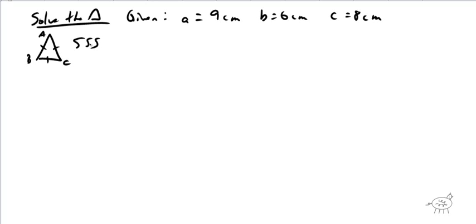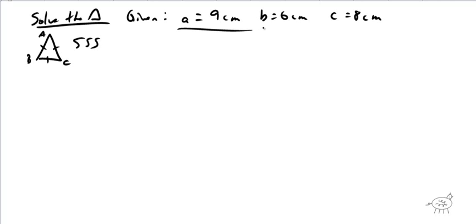So the first question is, what do I find first? Obviously, I'm finding an angle because I'm given all three sides. Well, remember I told you you can use law of cosines to find the biggest angle. You don't have to, but here's my recommendation. Why not use it to find the biggest angle? Because then you won't make a mistake when you use law of sines next and accidentally find the biggest angle, which again might not work out.